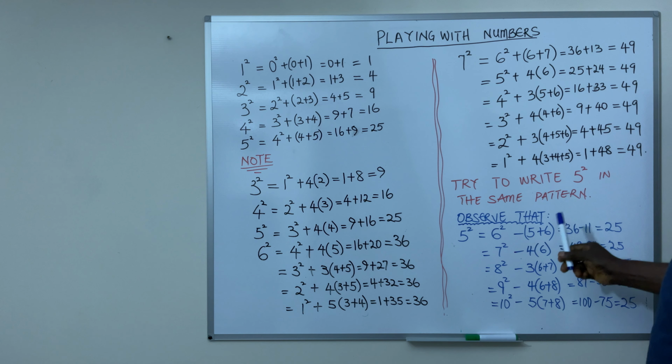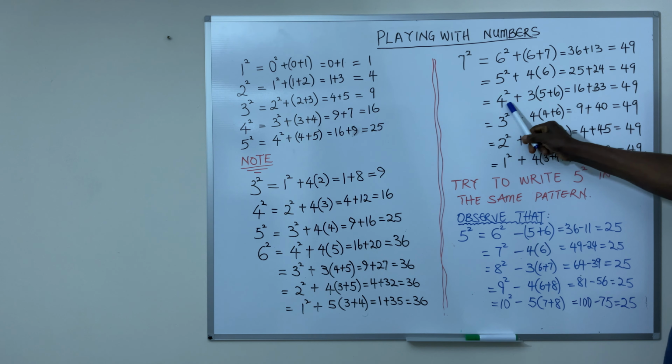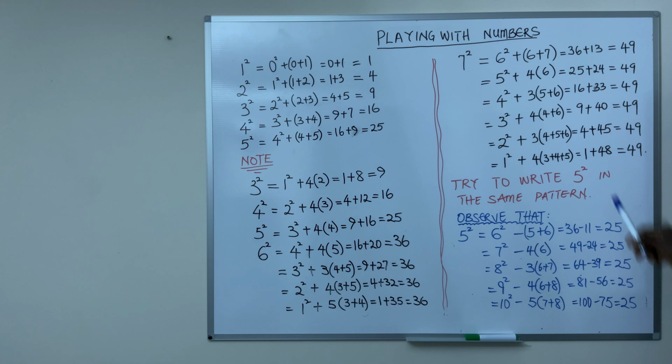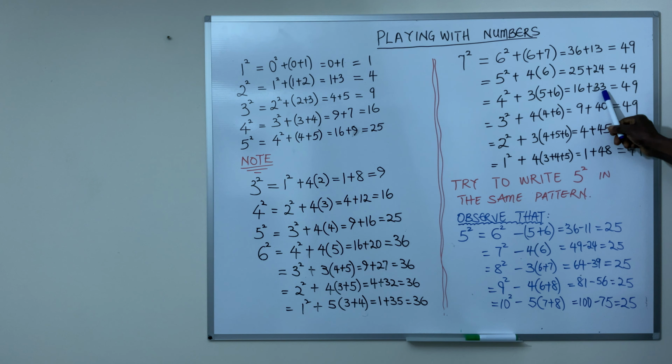So we now have 7 squared is the same thing as 4 squared plus the product of 5 plus 6. 5 plus 6 is 11 times 3, it gives us 33. So we now have 16 plus 33 is equal to 49.